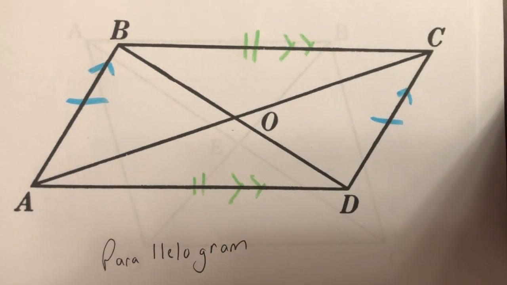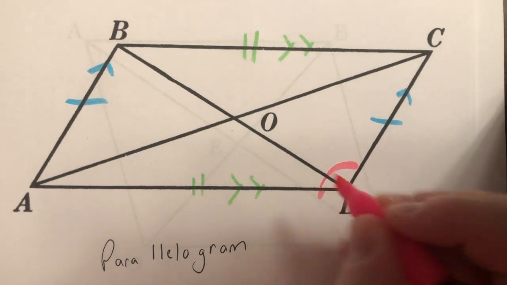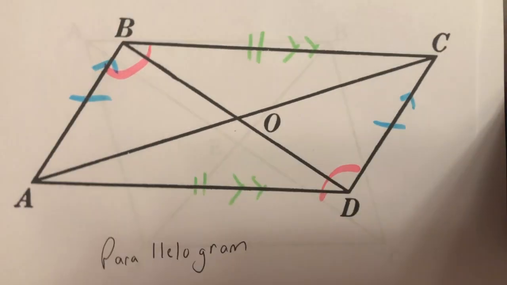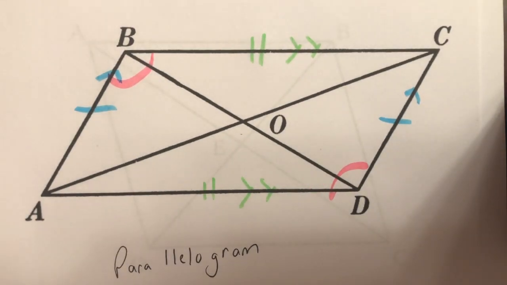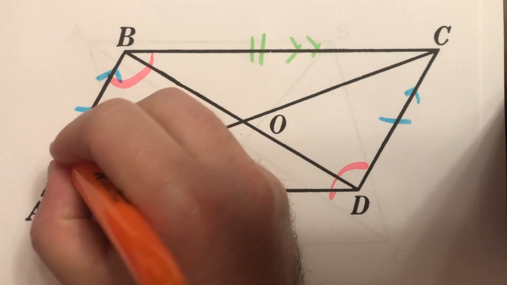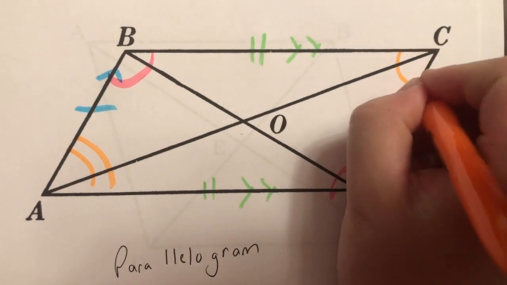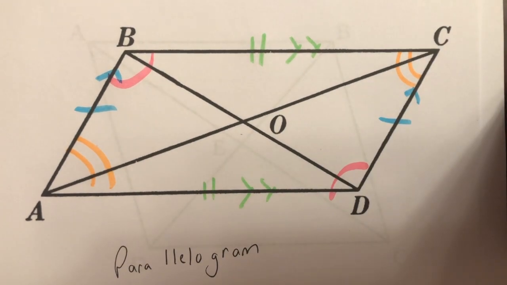Remember, the arrows represent parallel, the lines represent if it's congruent or not. They also have congruent opposite angles. And the diagonals bisect each other.